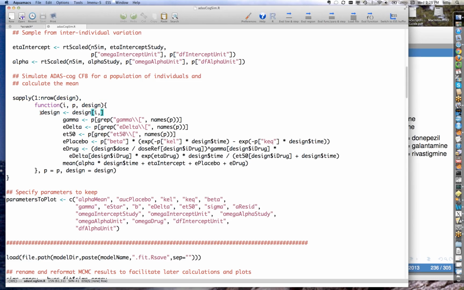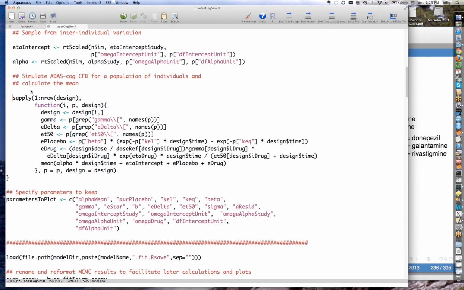The first thing I do is I just grab the ith row in that. Let me straighten out the indentation here. There we go. So subsequently, when it refers to design here, it's actually referring only to a single row data frame in this case.